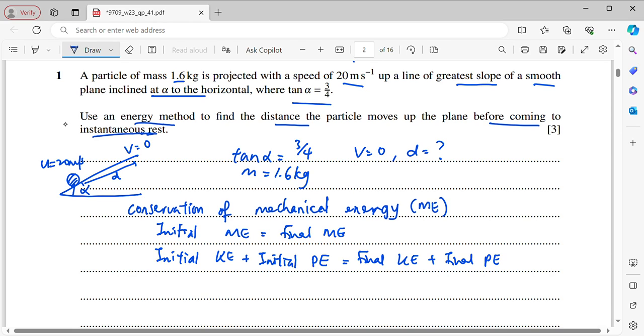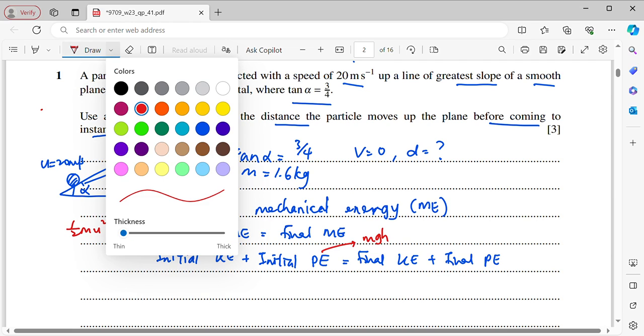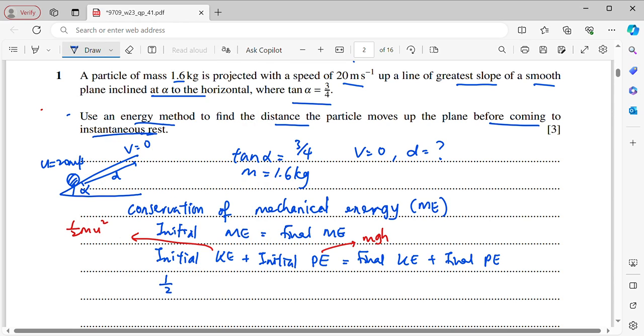Now the kinetic energy is half mu squared. Then the gravitational potential energy is mgh. So the initial kinetic energy is half, m is 1.6, u is 20, so 20 squared, plus the initial gravitational potential energy, m is 1.6, g is 10, and at first it is 0.